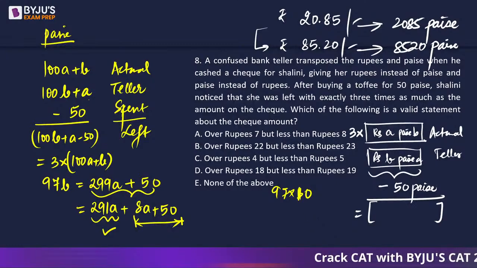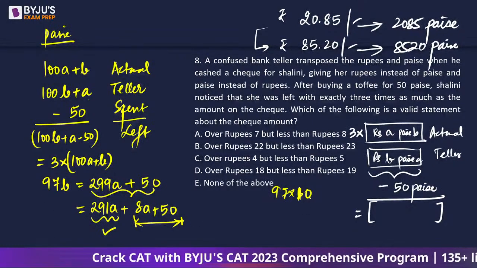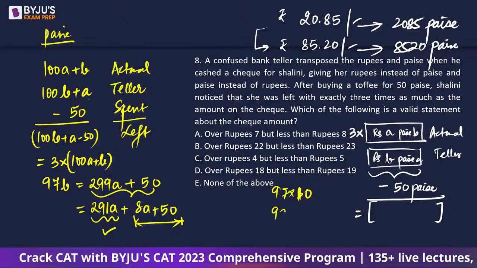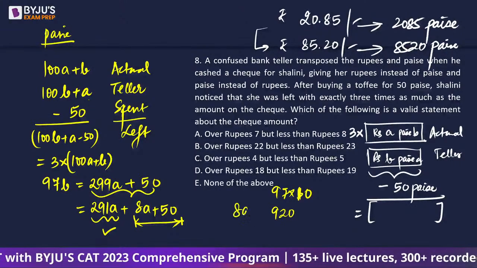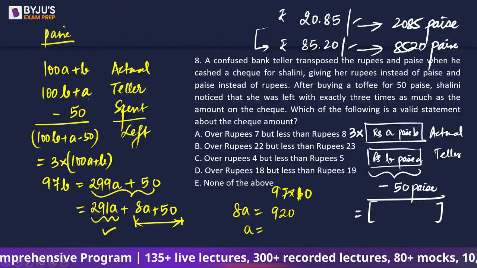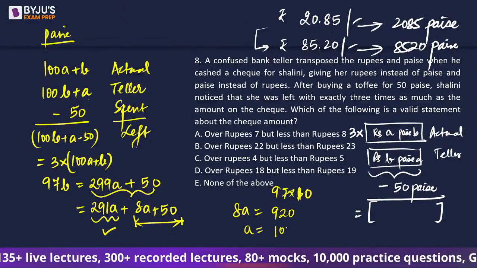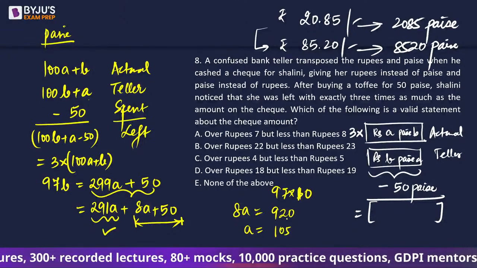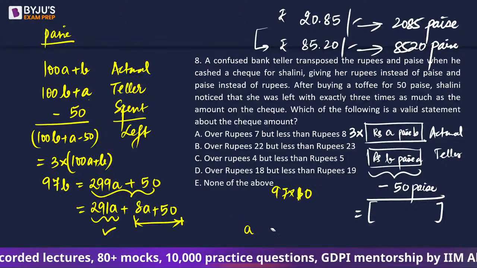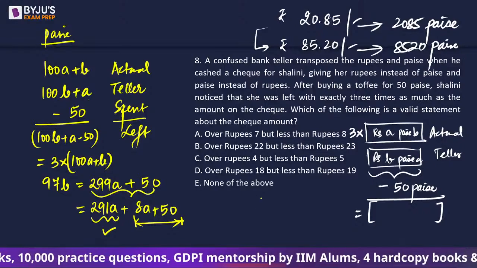अगर 97 into 10 ले लेंगे, so this will result in 970, 920, 8A is 920, A is going to be 105. उससे पहले आना चाहिए. 97 into 8.